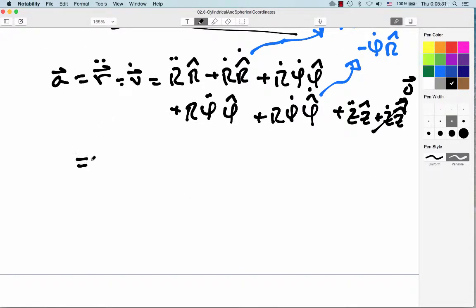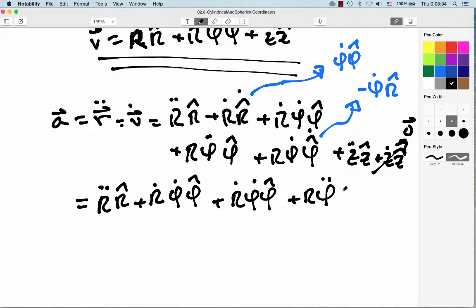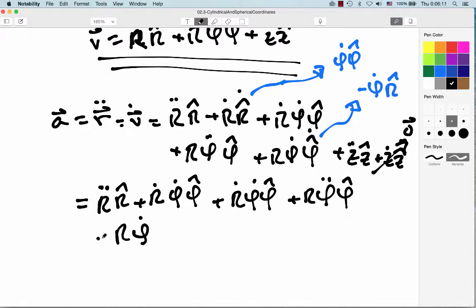So my acceleration becomes r double dot r hat plus r dot phi dot phi hat plus r dot phi dot phi hat, oh that's convenient, plus r phi double dot phi hat plus r phi dot, and now we'll have this minus phi dot r hat, so that's going to make this plus a minus.